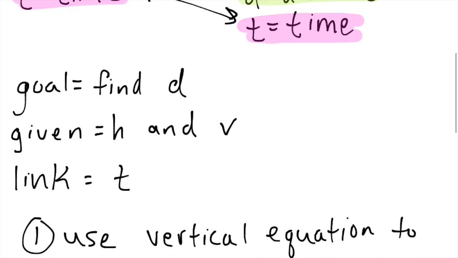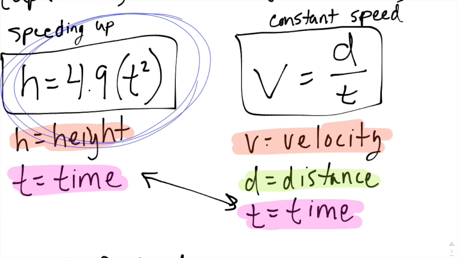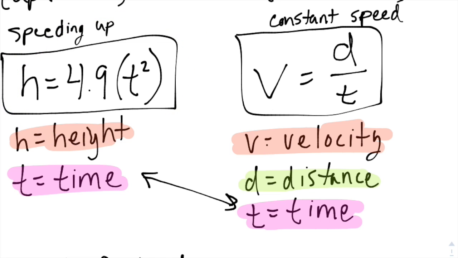All right, so let's look at that. I'm going to use this equation right here, this vertical equation, to help me find time because I know the h, and once I know the h, I can solve for t to find time.